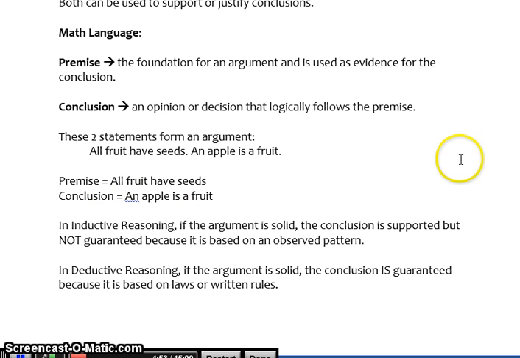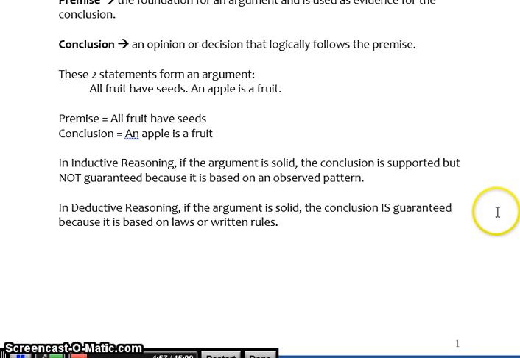In inductive reasoning, if the argument or the premise is solid, then the conclusion is supported, but it's not guaranteed because it's based on a pattern. So there can be examples that fall outside of the realm of that conclusion. But if the argument is solid, it's supported.